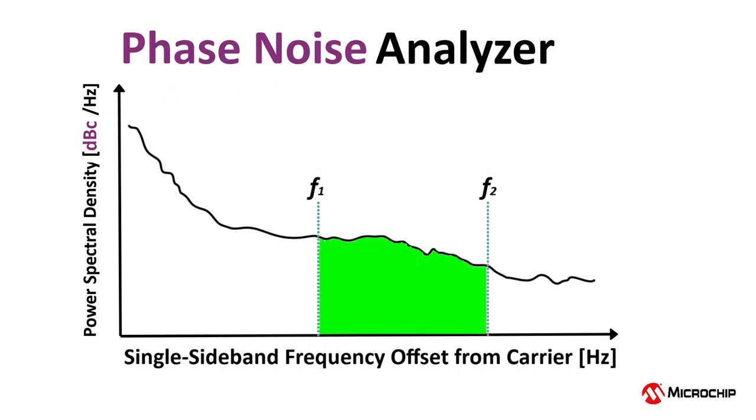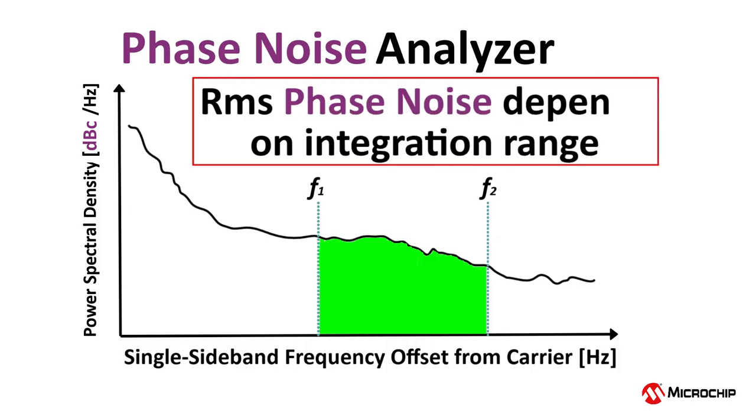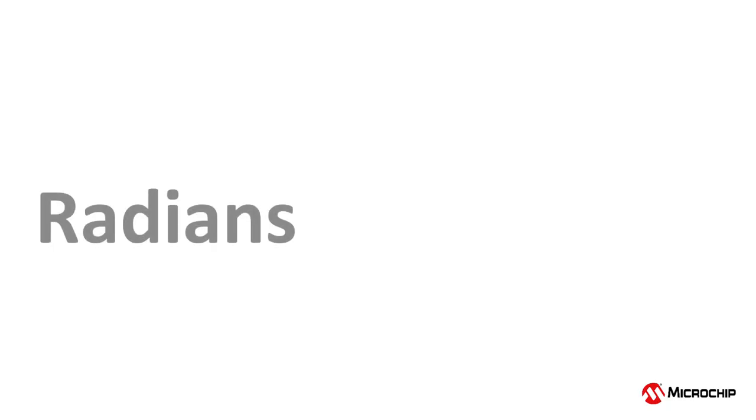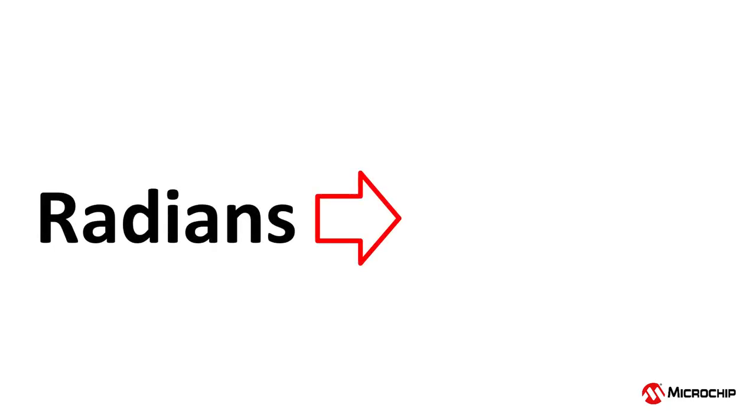Just as noise in terms of RMS volts from a spectrum analyzer depends on the frequency range over which it is integrated, the noise in terms of RMS phase from a phase noise analyzer is directly related to the integration band that is used.